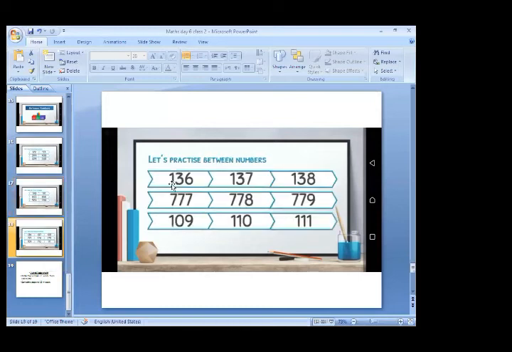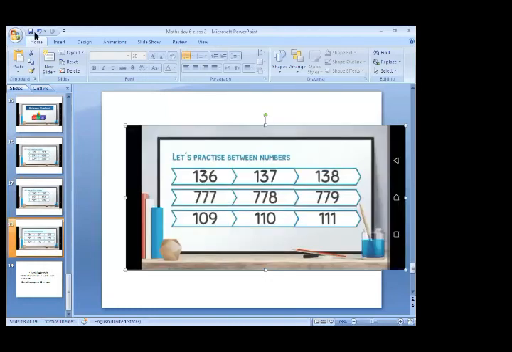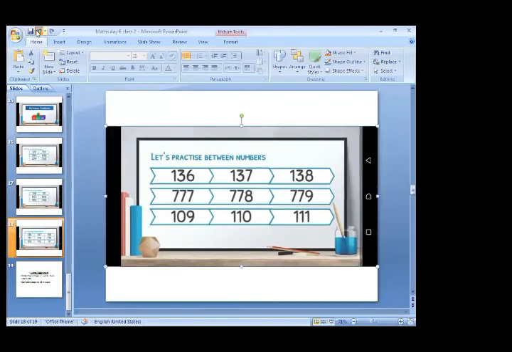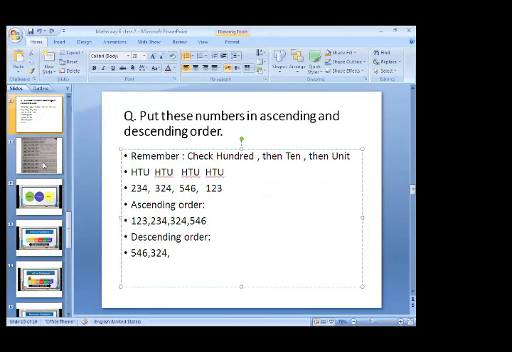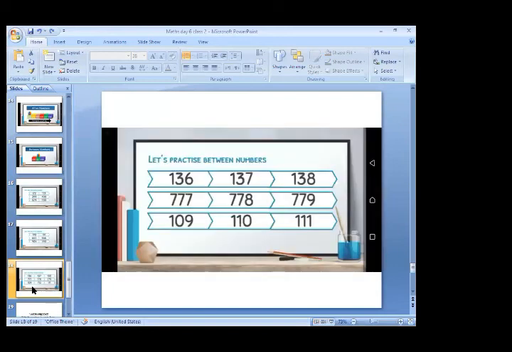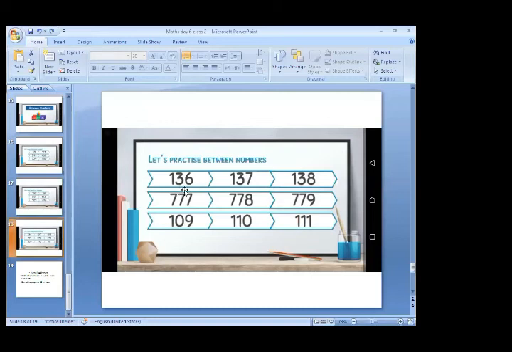Now let's practice between number. So you are going to learn how to write the between numbers. Here two numbers are given, 136 and 138.